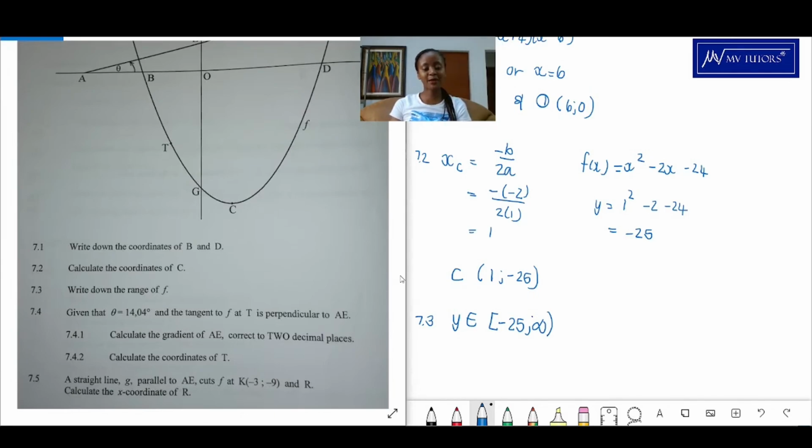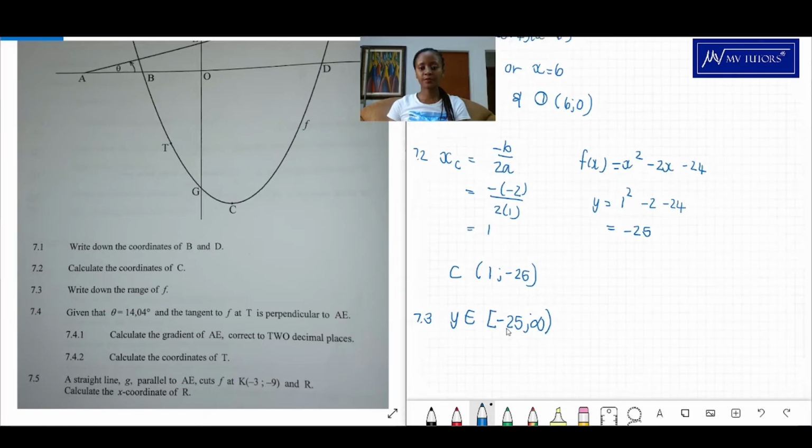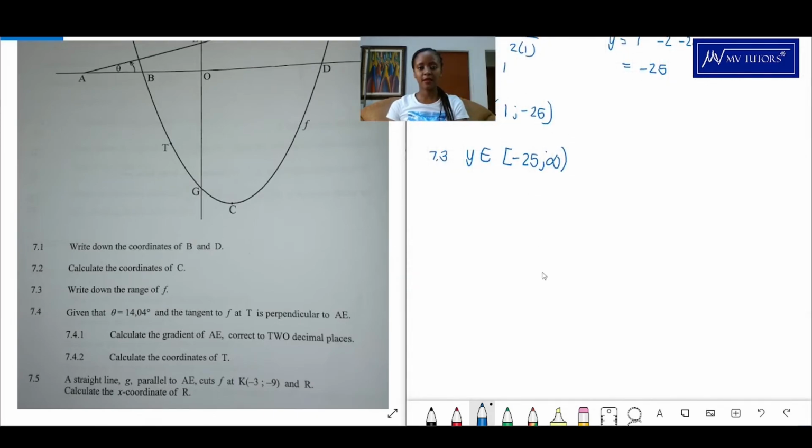We need to calculate the gradient of AE, correct to 2 decimal places. If we've been given the angle of inclination, we can use this formula: gradient is equal to tan theta.